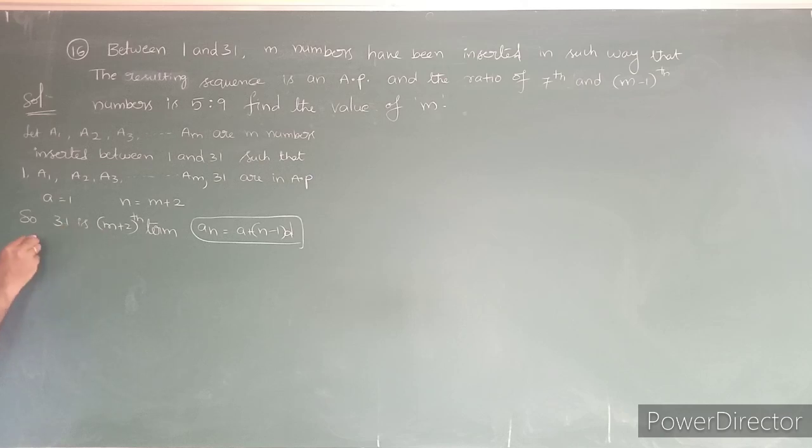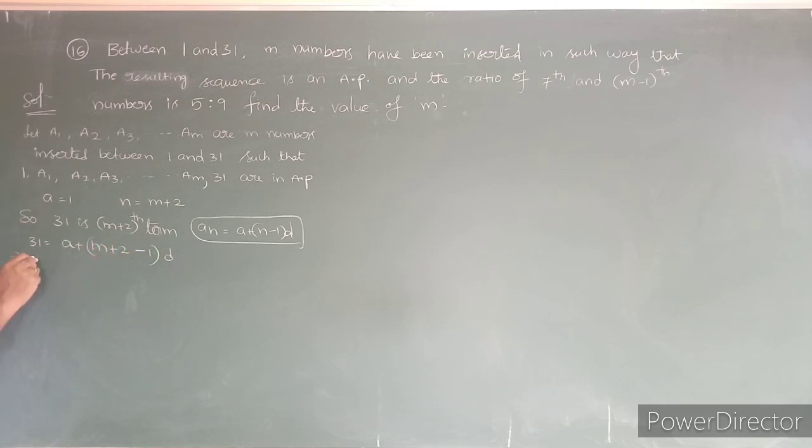So here 31 is the (m plus 2)th term, so you will get a plus (m plus 2 minus 1) into d. Because in the place of n we have m plus 2.